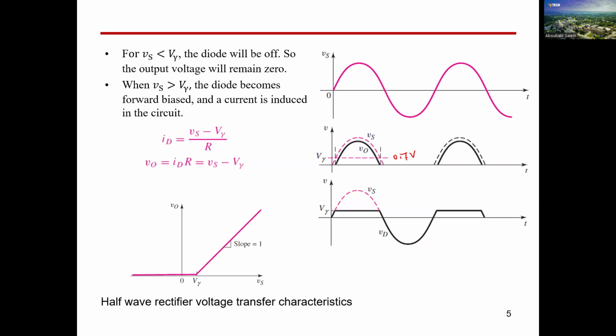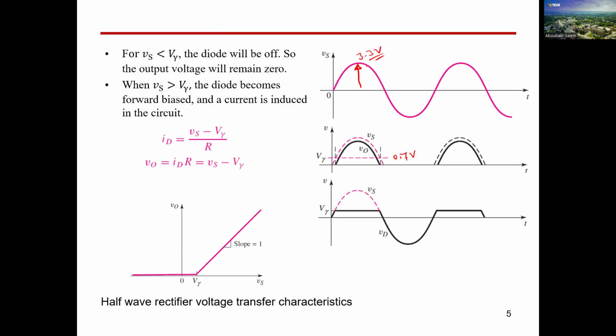So what will be the shape of the output volt if the supply is AC like that? If this is the AC source, let's say, because the 0.7 is relatively clear in the diagram, the peak value of the volt here, I'm going to assume a small value. Let's say, for instance, 3.3 volt.